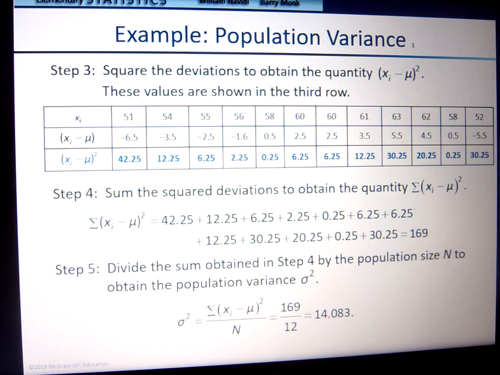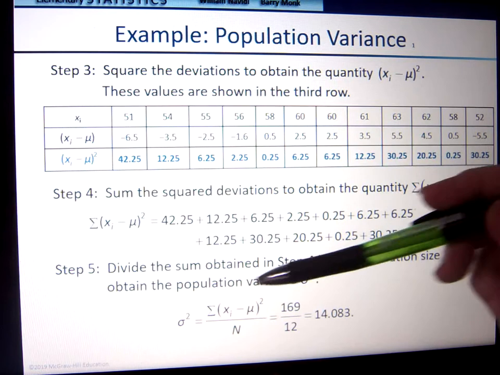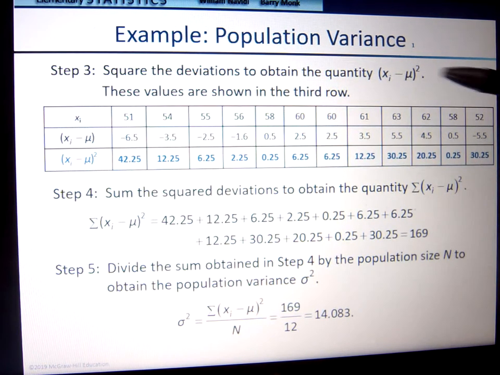Then we divide the sum that we got in this step by the population size N to obtain the population variance, which is represented by little sigma squared, equals the sum of the quantity x sub i minus mu, squared, all over N. All of those symbols simply mean what we did here.